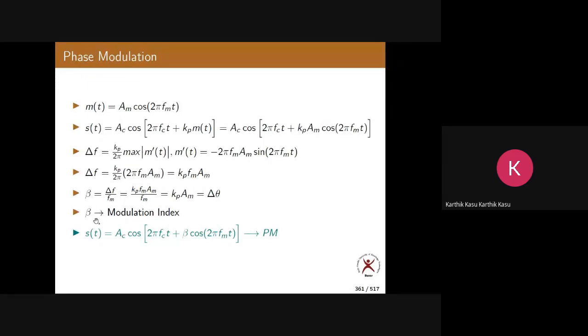Finally S of t equal to AC cos 2 pi fct plus beta cos 2 pi fmt. This is the PM equation if m of t equal to am cos 2 pi fmt. So this is the final equation of phase modulation if the given input signal is sinusoidal, that is m of t equal to am cos 2 pi fmt. Okay.